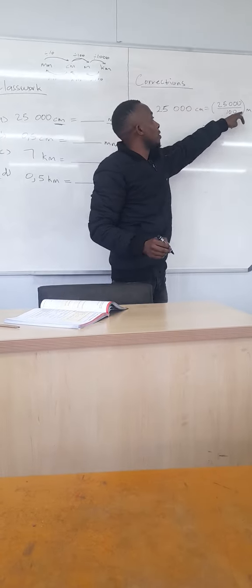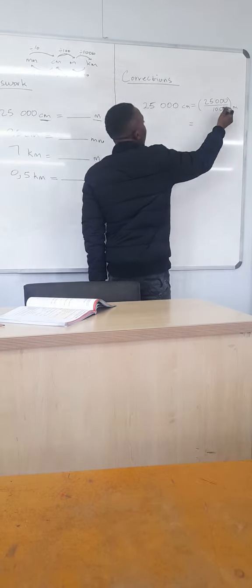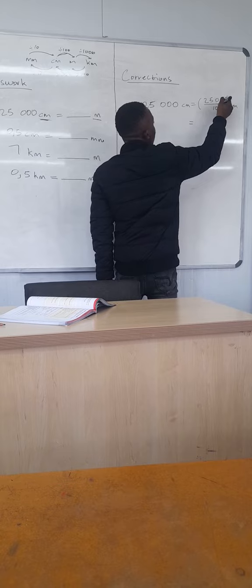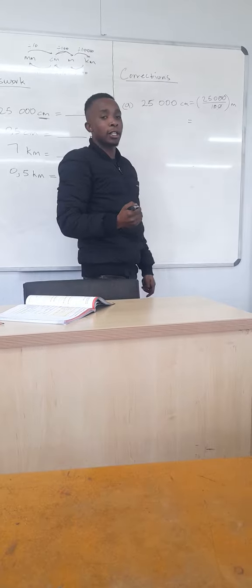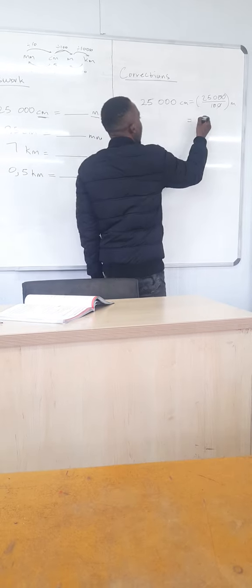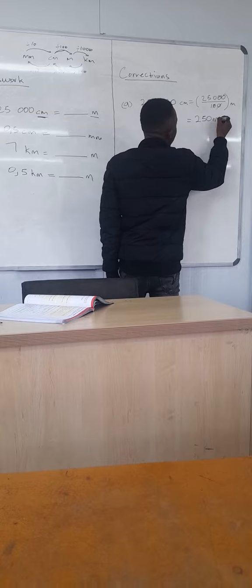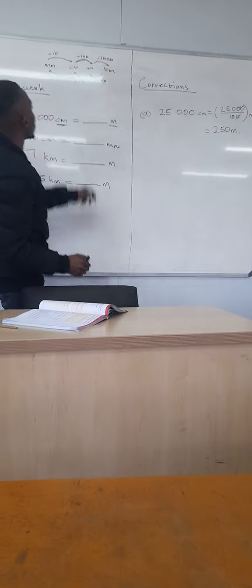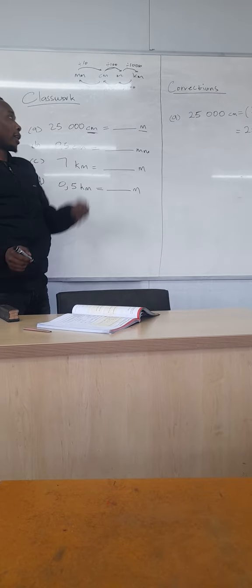So if you now add zeros, when we divide it's easy. We're going to cancel the zeros. So it's going to be 250 divided by 1. The answer is 250 meters. So we have used the first method to get our answer.